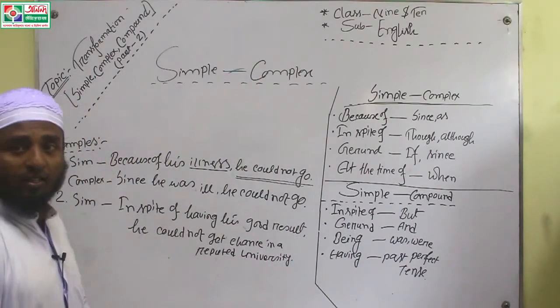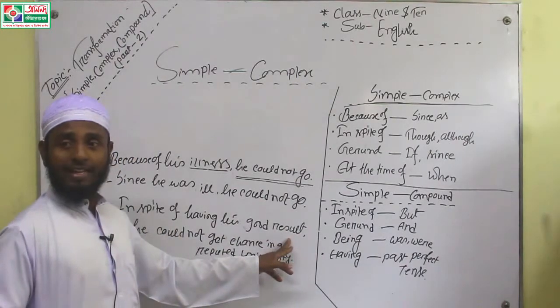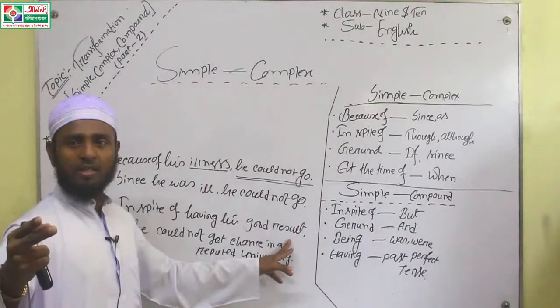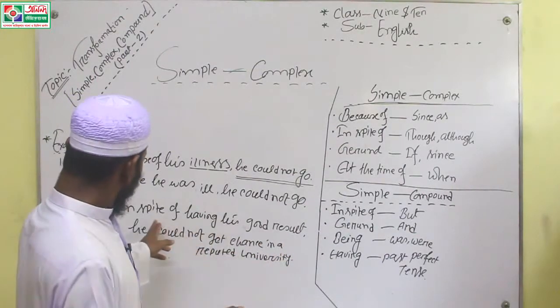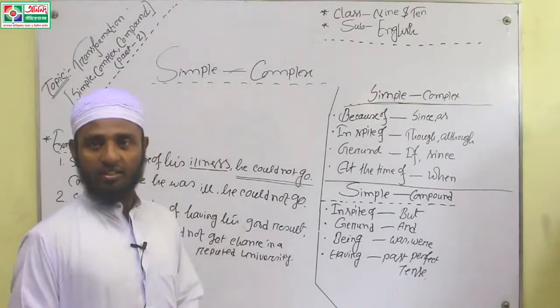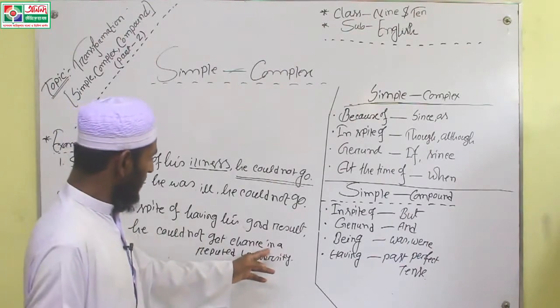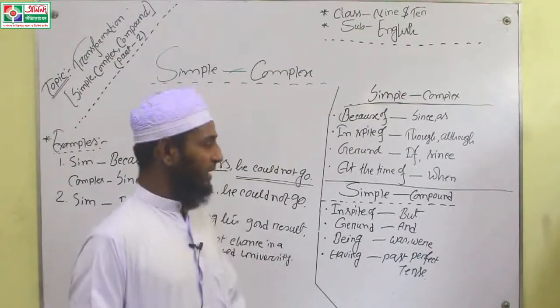Look at the board, my dear learners. In spite of having his good result, that means he had a good result. Okay? He couldn't get a chance in a reputed university.